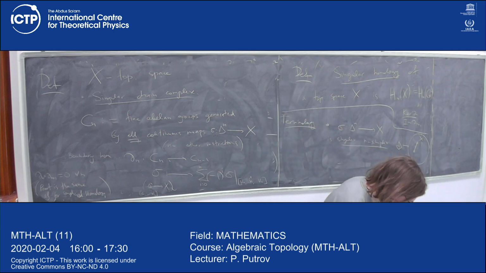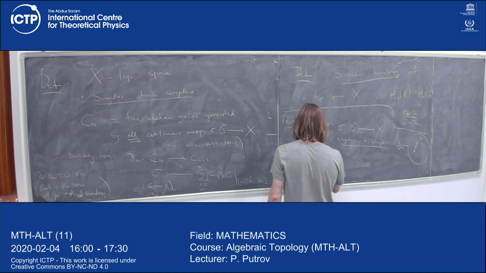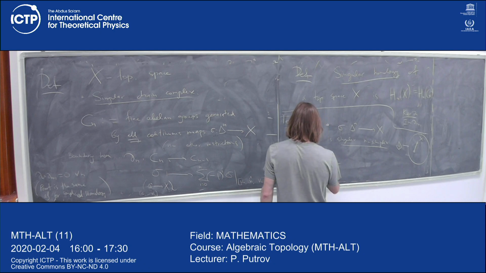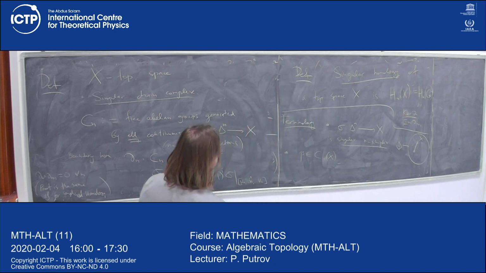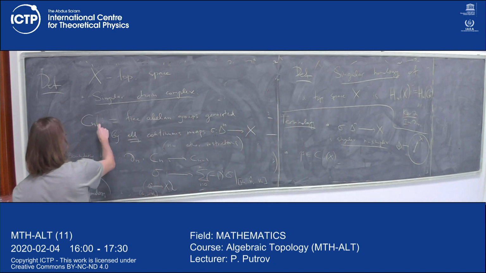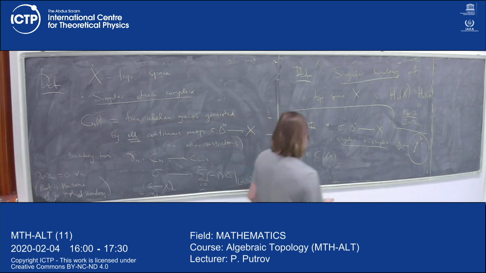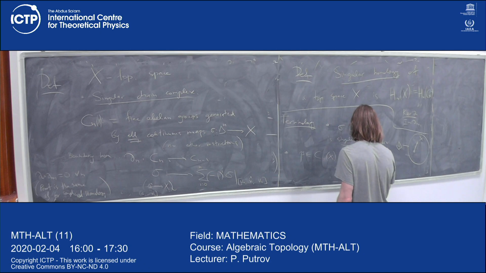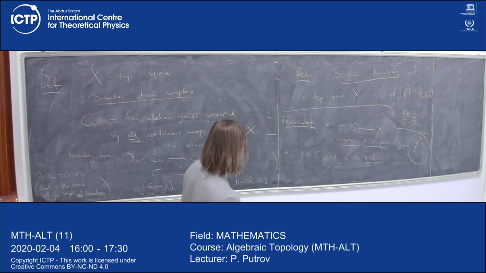But any arbitrary element of C_n of X, where sometimes I can introduce an explicit dependence on X though I'm not usually going to write it, is called an n chain, or singular n chain.